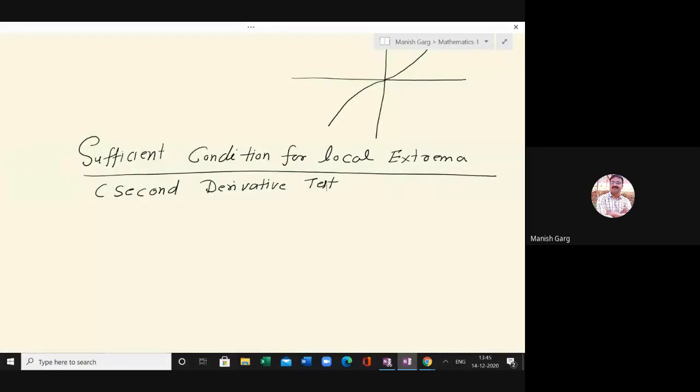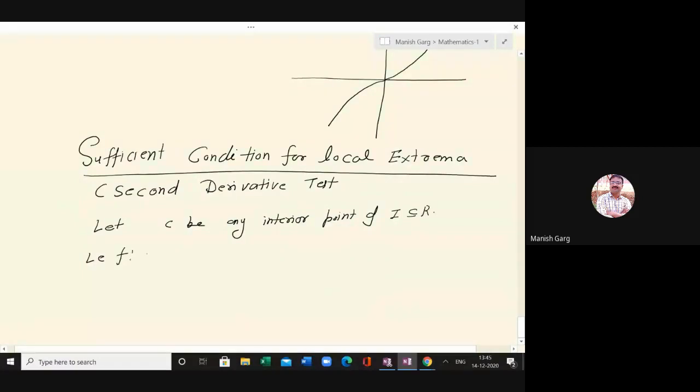So what it says: let C be any interior point of the interval.